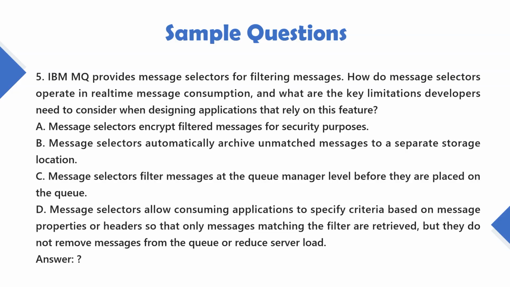C. Message selectors filter messages at the queue manager level before they are placed on the queue. D. Message selectors allow consuming applications to specify criteria based on message properties or headers so that only messages matching the filter are retrieved, but they do not remove messages from the queue or reduce server load. Answer: D.